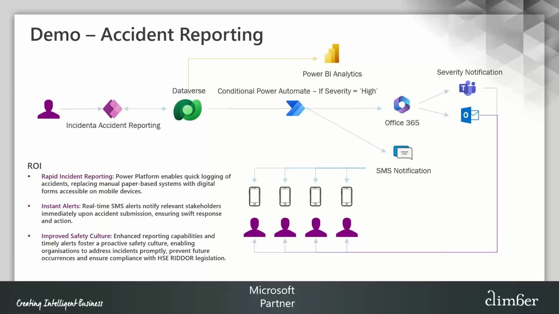Enhanced reporting capabilities make it easier to log accidents and incidents. The reporting capability helps prevent future occurrences. As we saw there, we can make changes for specific products or specific places to try and reduce the number of incidents that are occurring there, and then you can ensure compliance with the normal HSE RIDDOR legislation.